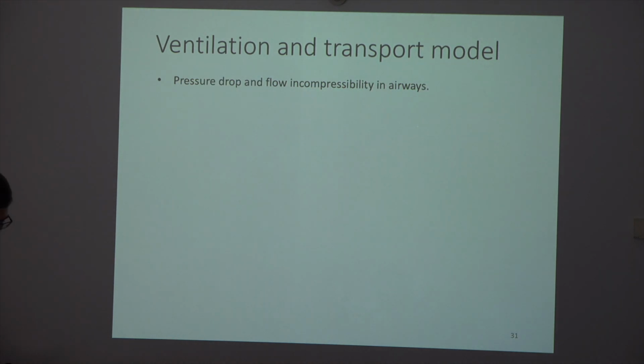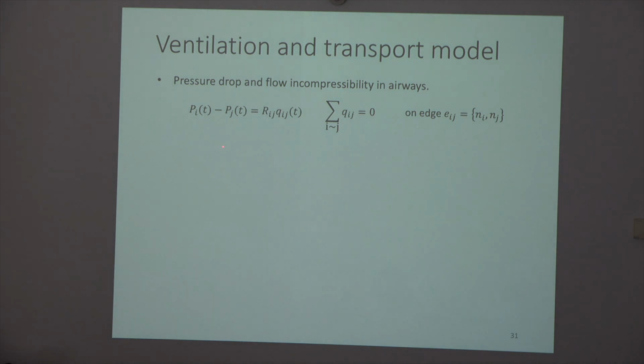So the equations for the flow will be very familiar. Pressure drop over the airways is proportional to resistance times the flow. We just use Poiseuille resistance in this case. And if you look at a single node, the sum over all its connected edges of the flow has got to be 0. That's just incompressible flow.